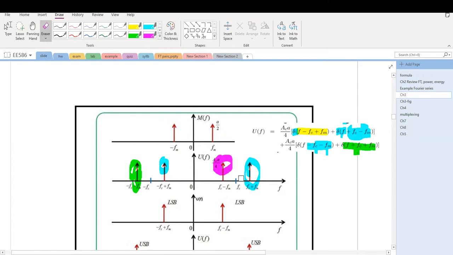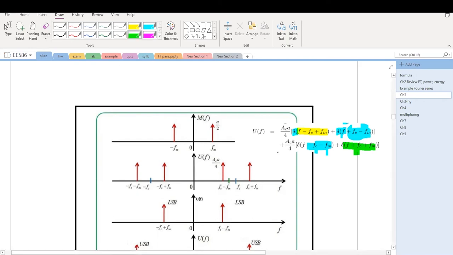Now let's review the concept of lower sideband. Okay, I'm going to erase this. So remember, the lower sideband is the frequency component in the modulated signal lower than fc.